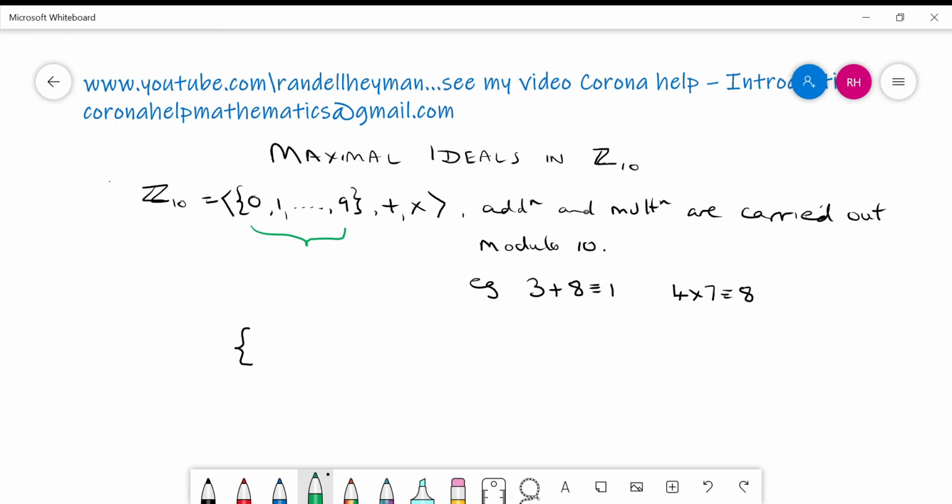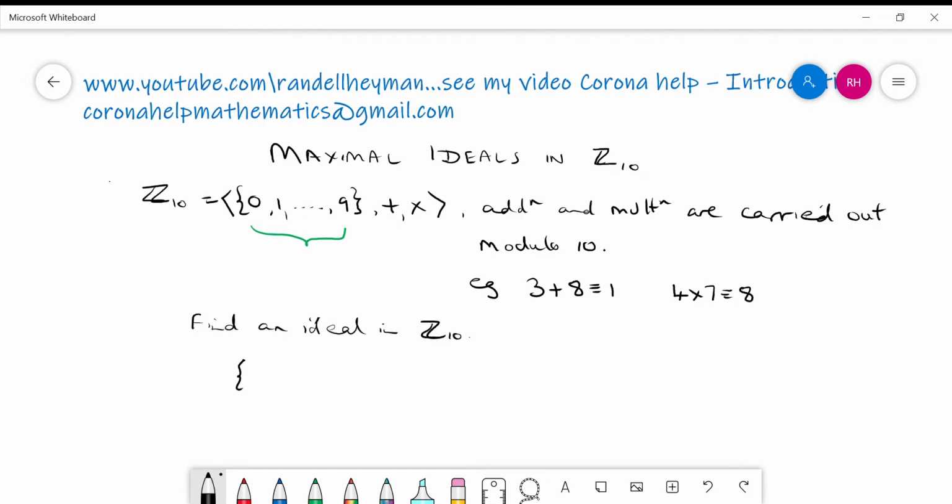Let's say we thought that it would be 0. Let's try. So what I'm saying is, just in terms of process, find an ideal in Z10. I'm not worried about the maximal at this point. I'm just saying let's try an ideal.